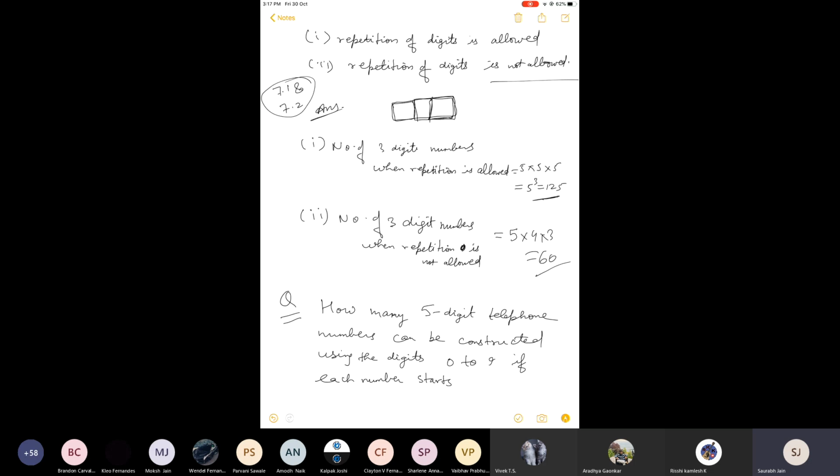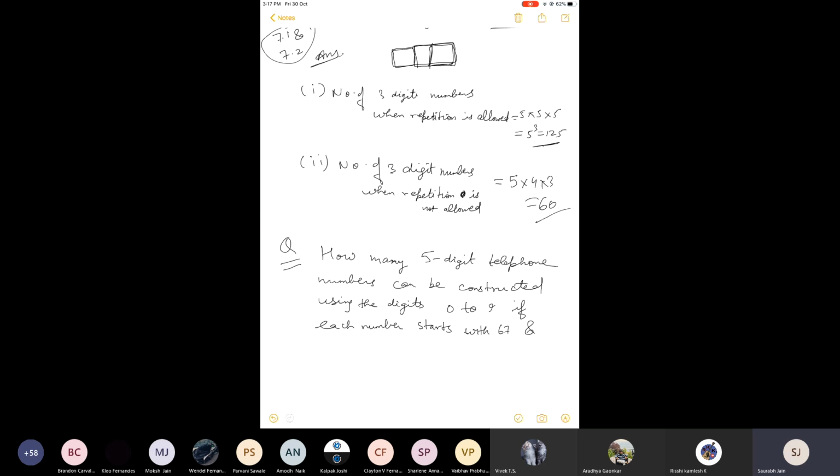Okay, the series is starting with 67, and no digit appears more than once. Another way of saying that: digits are not repeating. This is the question.